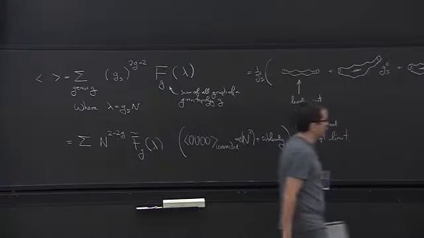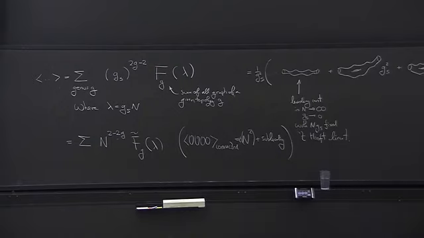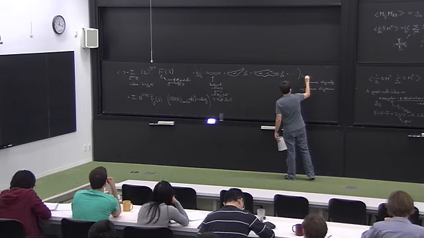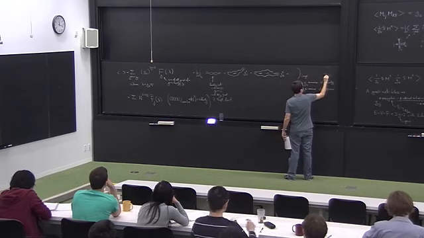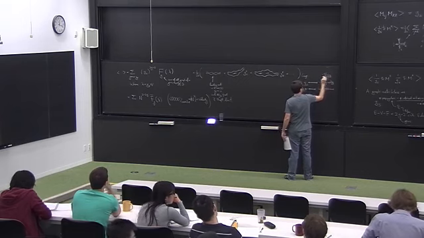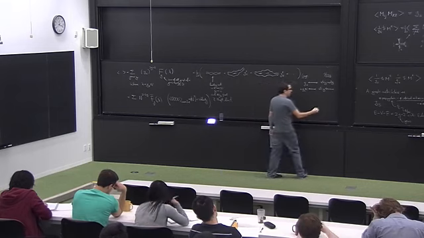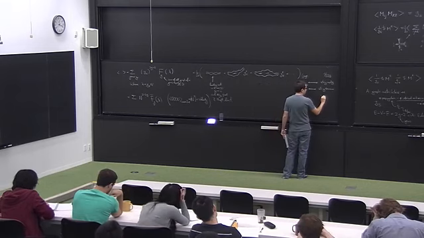But I want to mention something that we already start seeing from this discussion, that in the gauge theory, so this is the gauge theory, and this is the string theory, we are already establishing some duality between gauge theories and string theories. And you can ask, what object is dual to a single string?